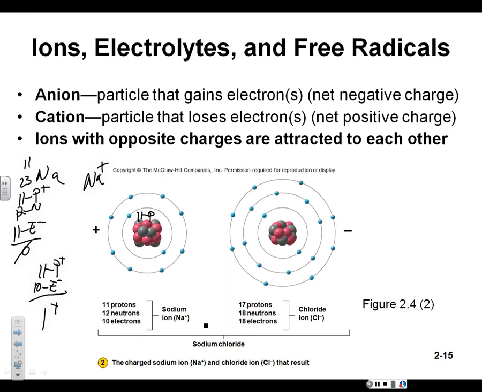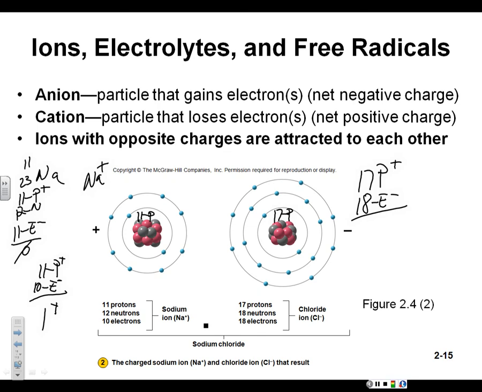Chlorine: we still have 17 protons. How many electrons do we have now? We had 17 and 17, right? But if it gained an electron, how many do we have now?